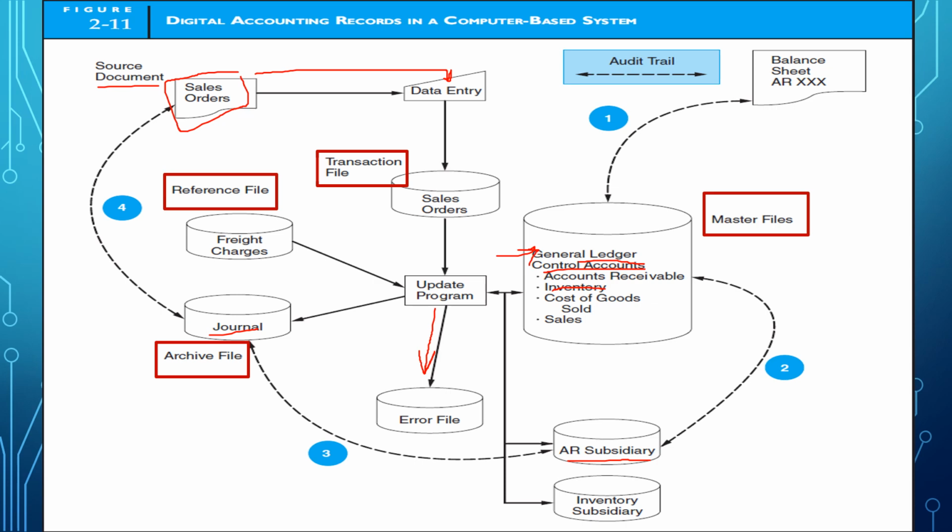And then the audit trail will apply when we try to trace the details in the master files and match them with the subsidiary files, as well as the journals file, which is the recording file. And sometimes we can also compare and match with the error files.